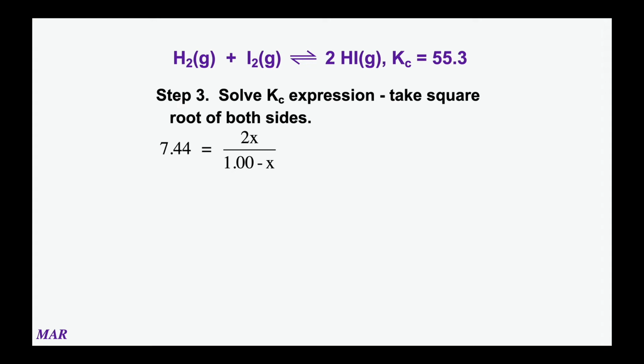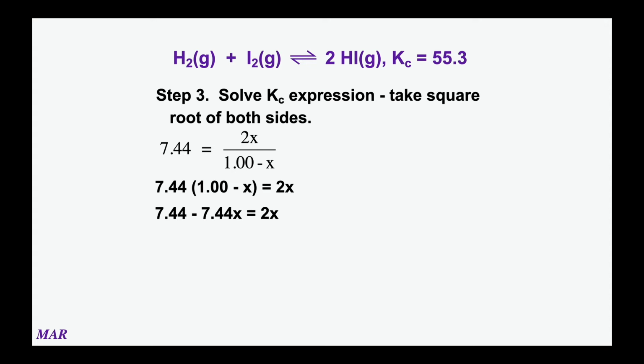So this problem now is just good old algebra. We have to get the x's on one side and get everything out of the denominator. We'll multiply both sides by 1 minus x. If you do that, you get 7.44 times (1 minus x) equals 2x. 1 minus x divided by 1 minus x cancels. Then you use the distributive property.